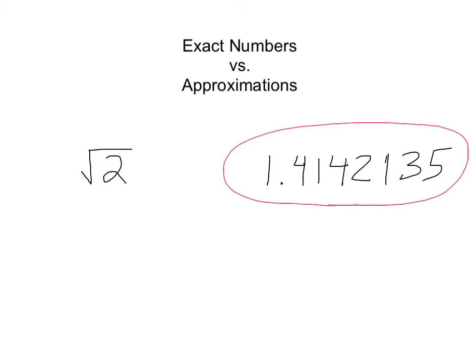The square root of 2 is an irrational number, and an irrational number, by definition, is a never-ending decimal that goes on forever and ever without any pattern. So anytime you write a decimal as an answer for a square root, you're actually approximating it, because this decimal keeps going. After 135, it keeps going 6, 2, 3, 7, and so on.